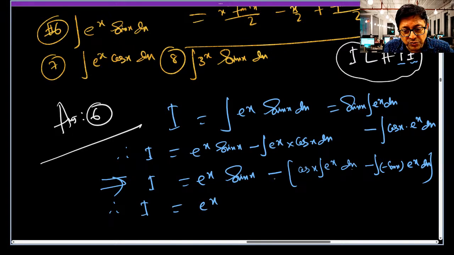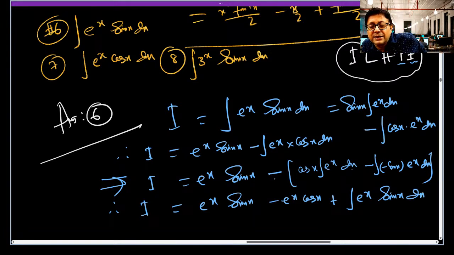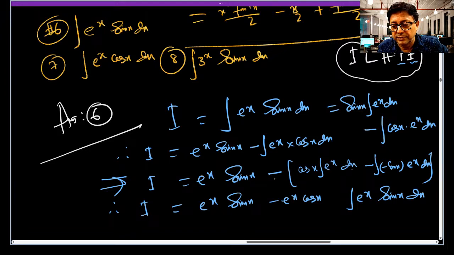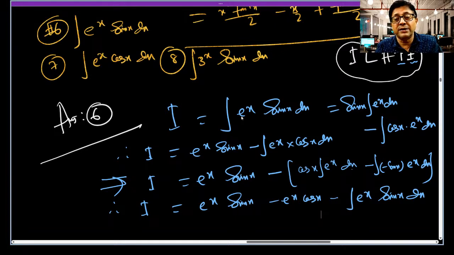So I equal to plus e to the power x sin x dx, plus, no, it will be minus, check. Minus minus, already plus is there. This minus, so it will be minus. Clear?